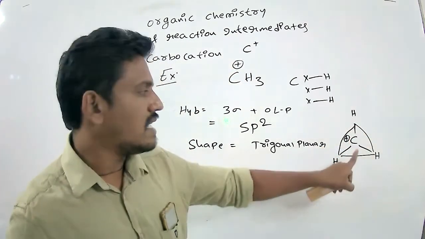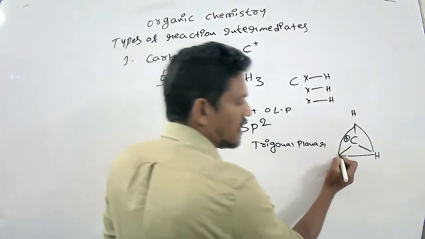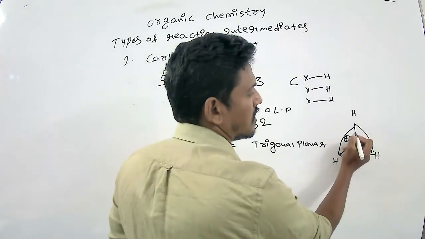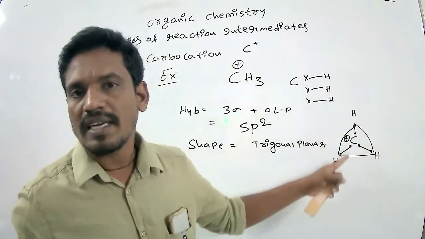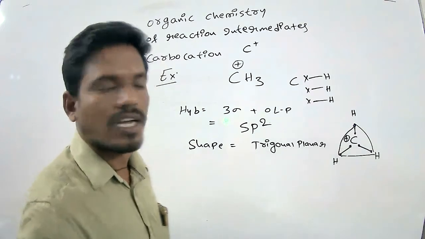And in the carbocation case, around the carbon, count the number of sigma bonds. There are 3 sigma bonds, and each sigma bond is a result of 1 pair of electrons sharing. So around this carbon there are 3 pairs of electrons, so 6 electrons. Is it an octet? It has 6 electrons, not an octet.